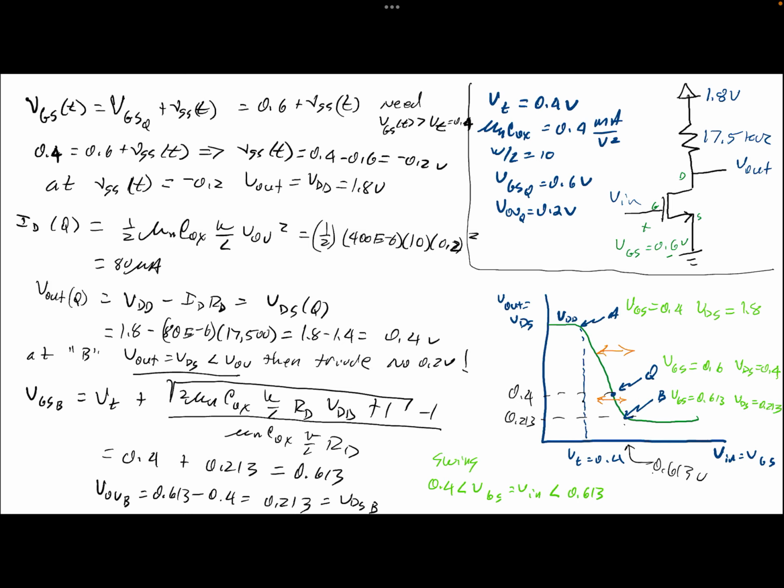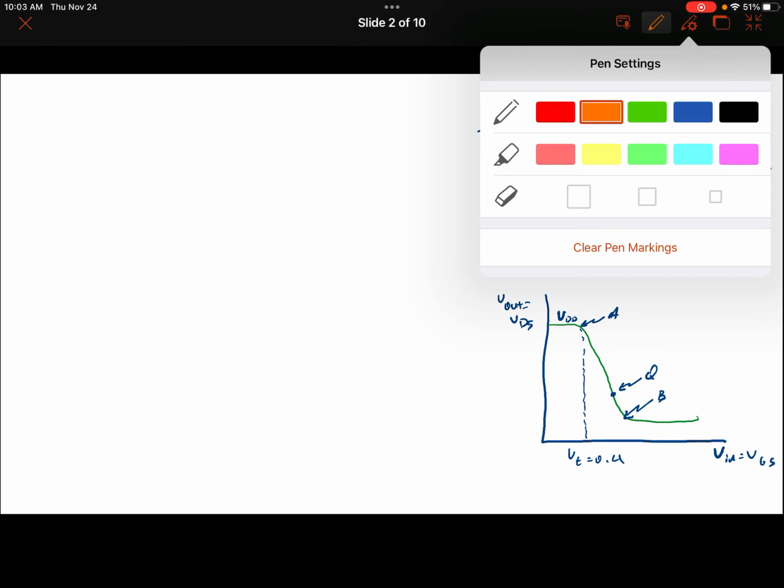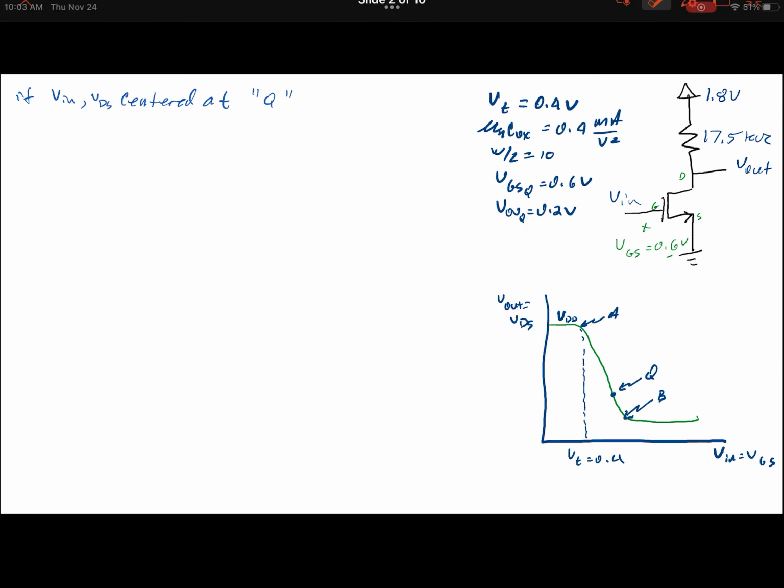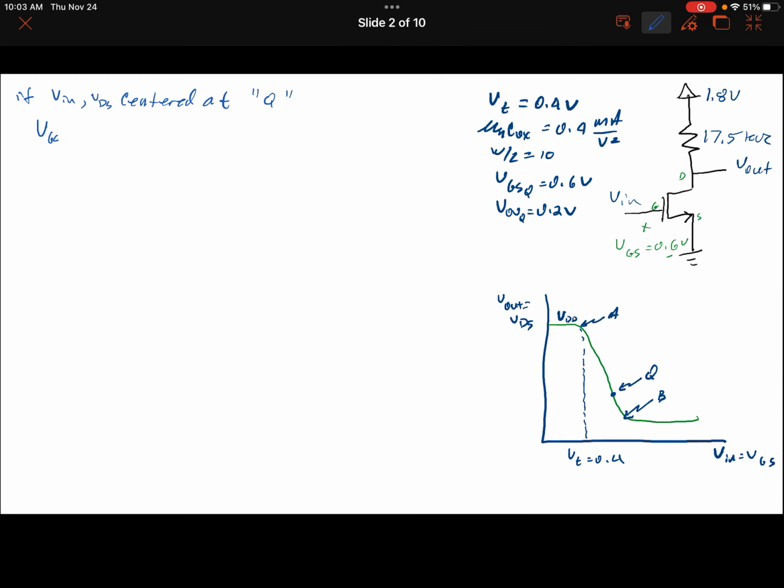So let's see if I can change the page here. With that, if we centered there, then the max swing would be VGSB, the maximum input swing, VGSB minus the Q point, VGS at point Q, which is 0.613 minus 0.6.